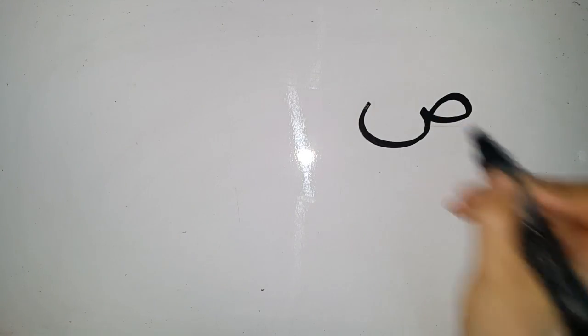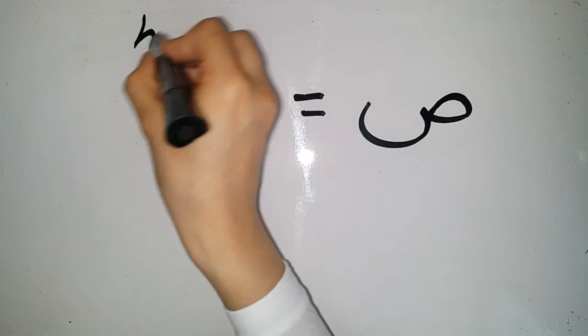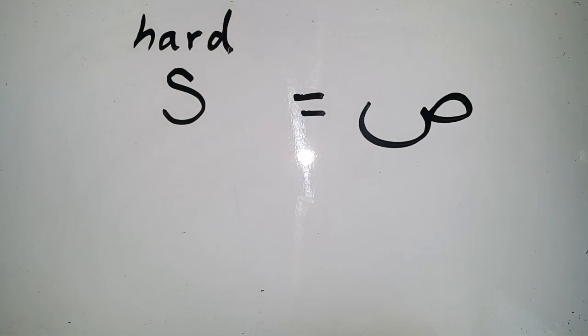The final letter for this video is Sad. It's kind of like a hard S. It's a little harder to pronounce considering it's not in English. It's Sa, not Sa.